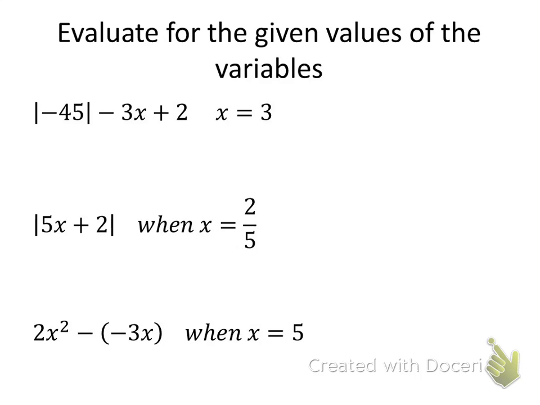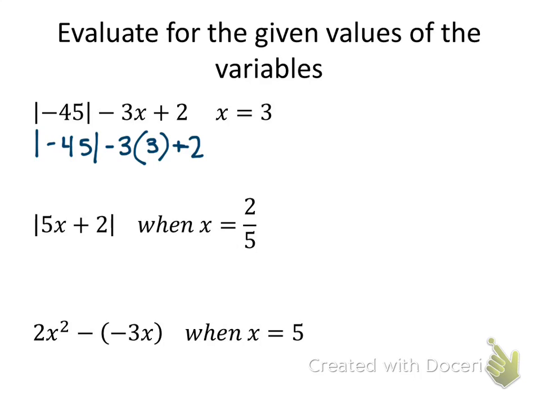Yes, number 7 through 13. All right, so let's plug in our value for x into the problem. What are these bars right here? Absolute value bars. So we need to make sure we remember what those mean. We have the absolute value of negative 45 minus 3 times, I know that x is equal to 3, plus 2.